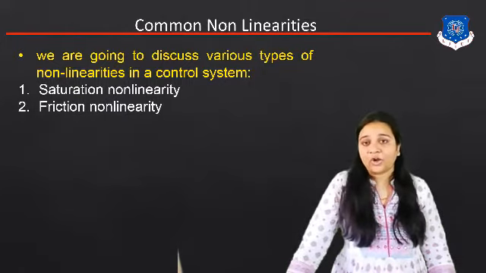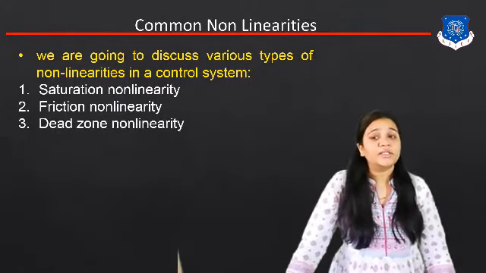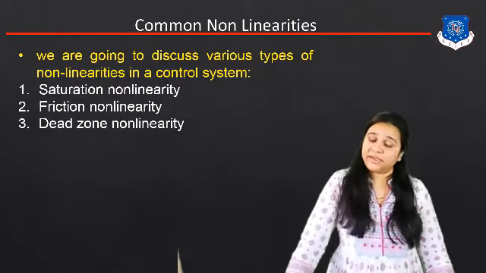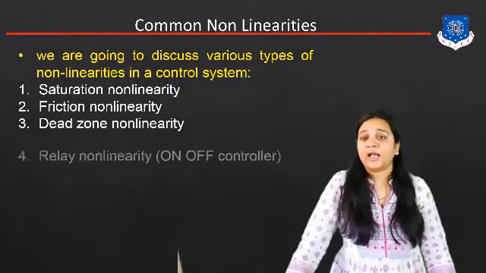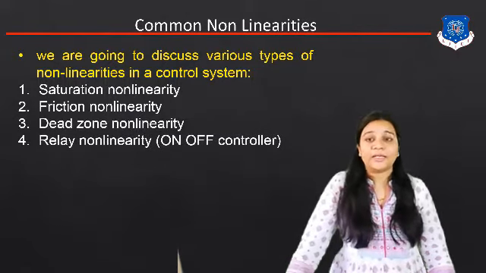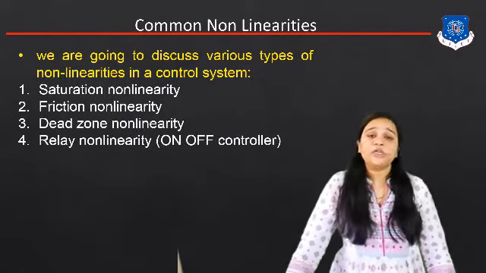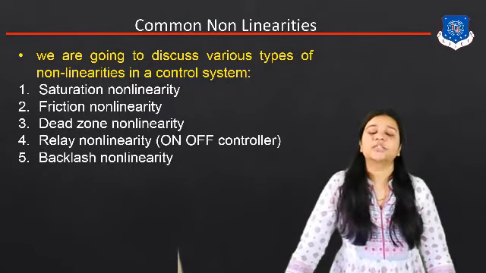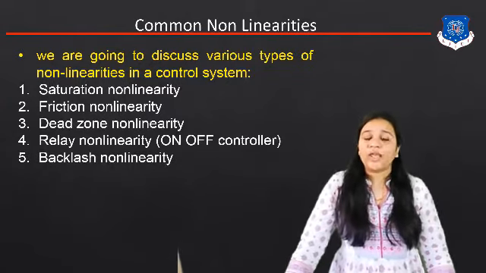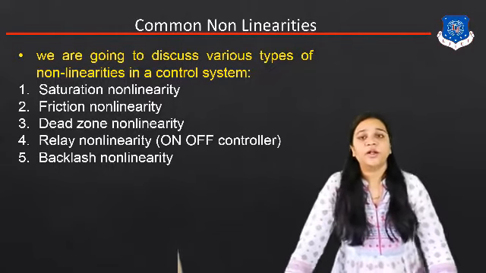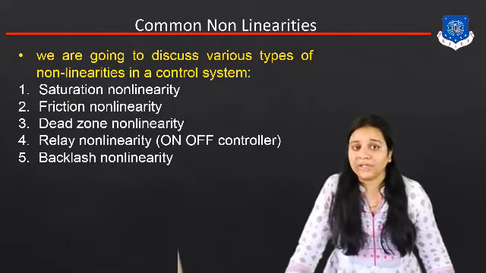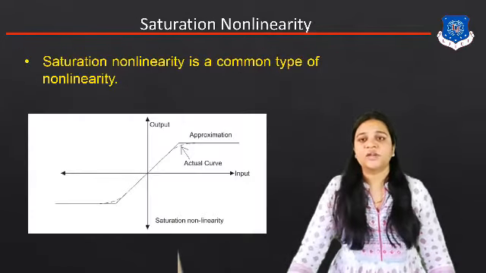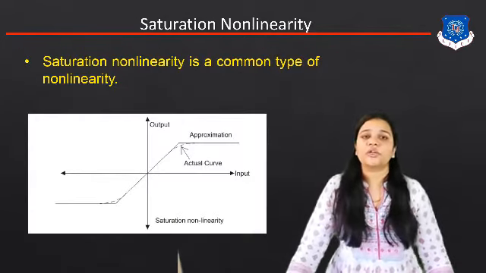Then the friction non-linearity. The third one is the dead zone non-linearity, which we will discuss in the describing function graph. The fourth one is the relay non-linearity, mostly used for the on-off controller. And the fifth one is the backlash non-linearity. We will study these common non-linearities used in control engineering one by one.